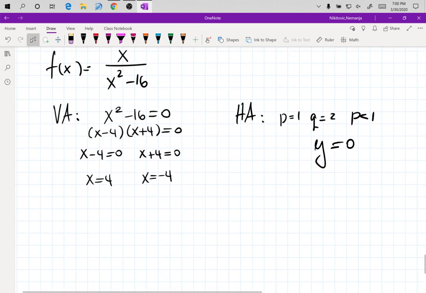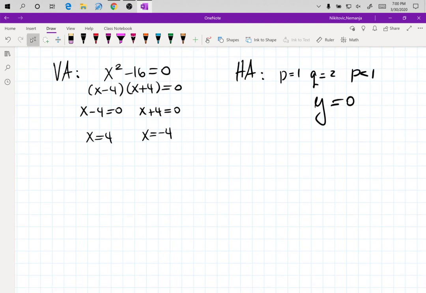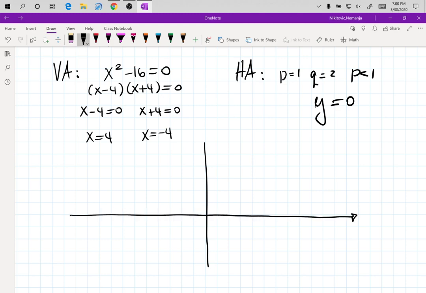And then I am going to just graph now, right? That's it. I'm done with this stuff. So let's go and see what the graph would look like. We have our x and y axis. I have my 2 red asymptotes.